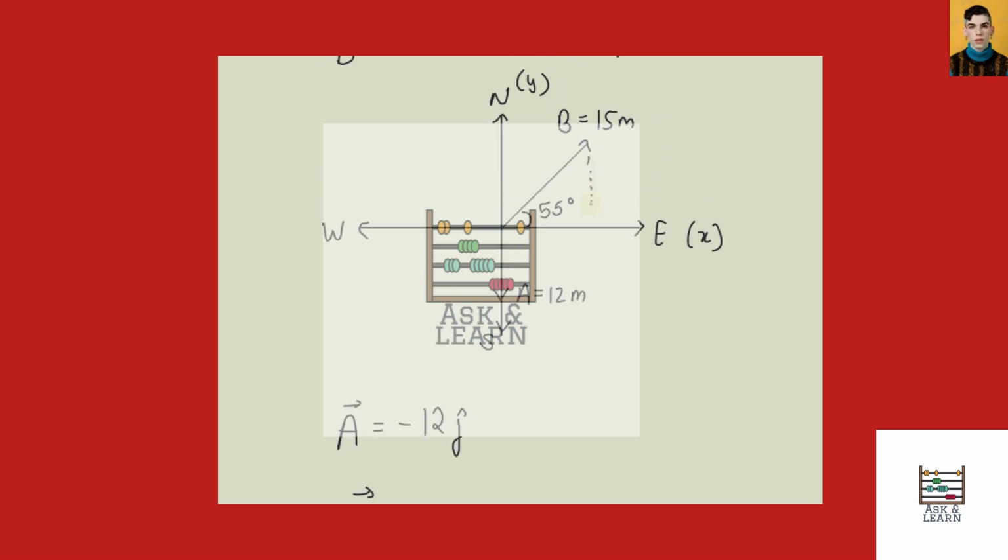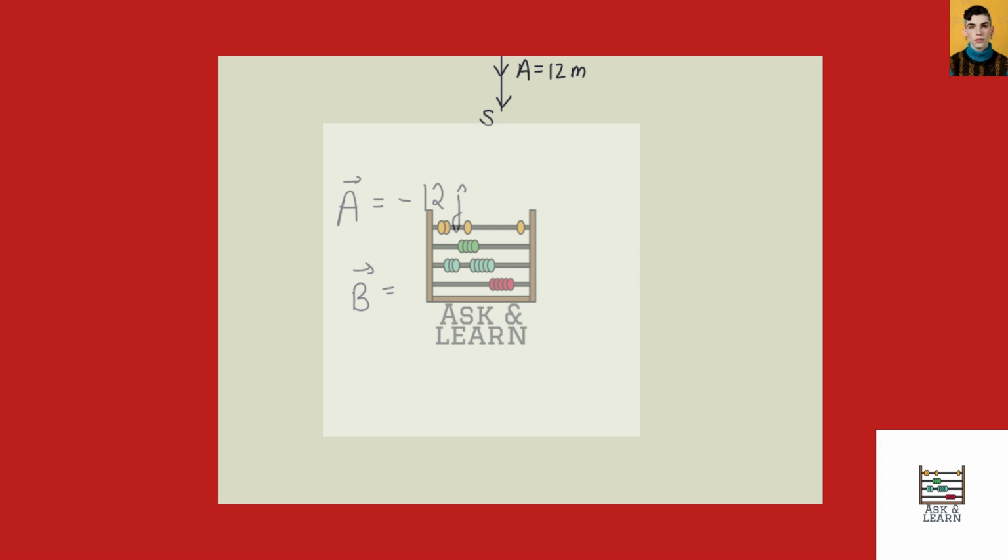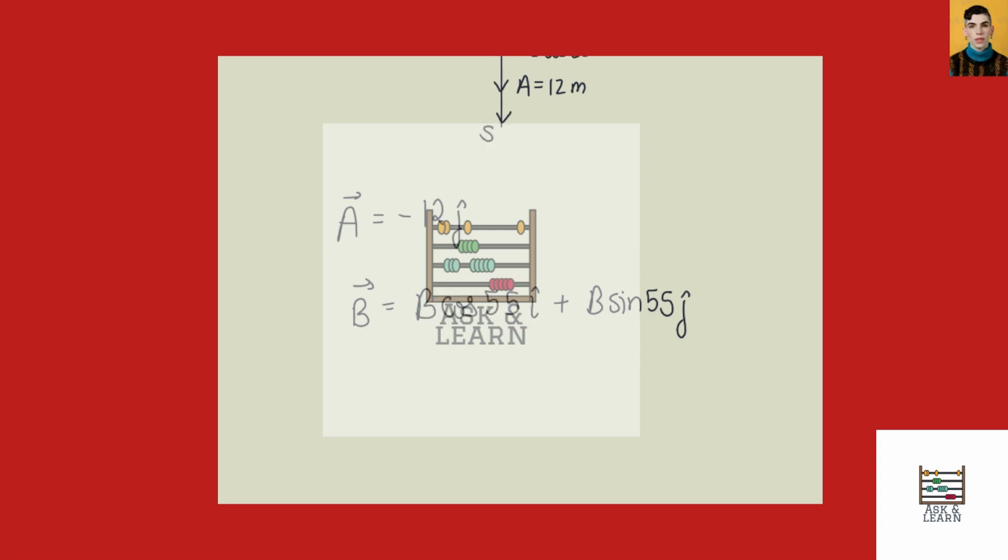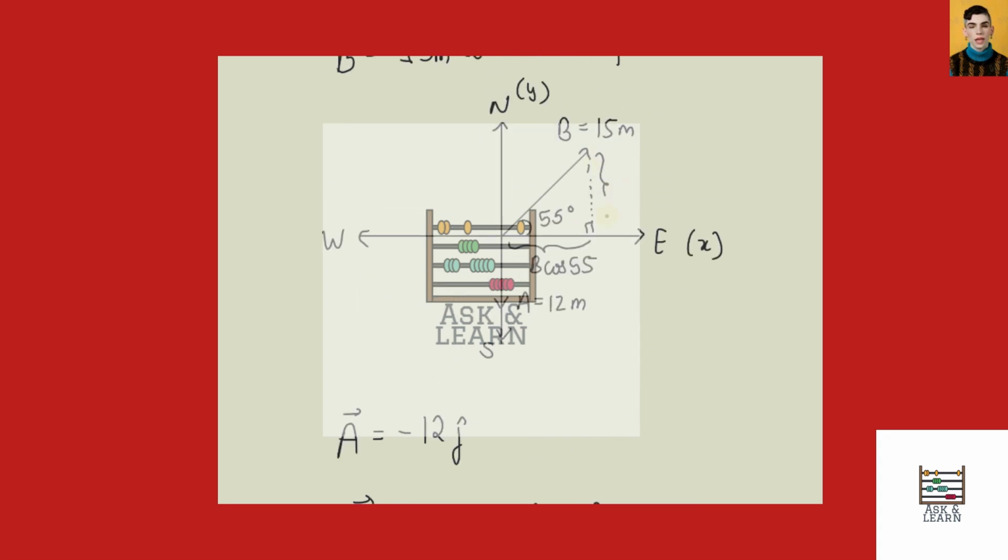If we drop a perpendicular, this component will be B cos 55, which is along the x direction. So it will be B cos 55 i cap plus B sin 55 along j. This part is B sin 55.